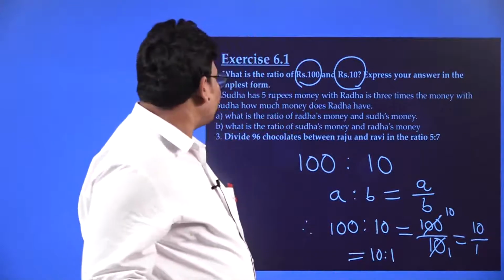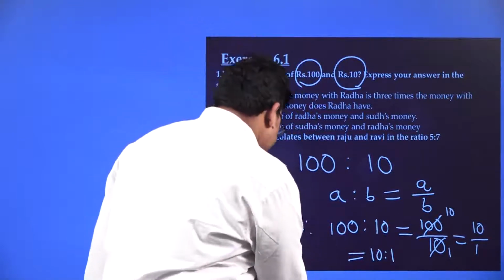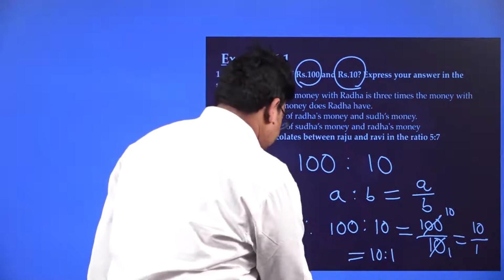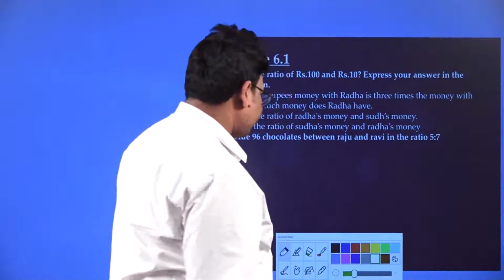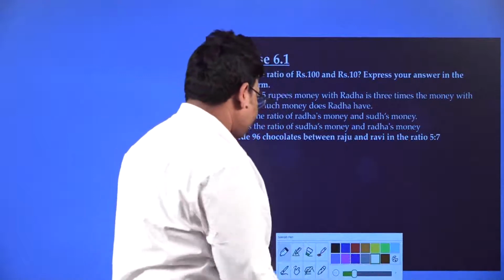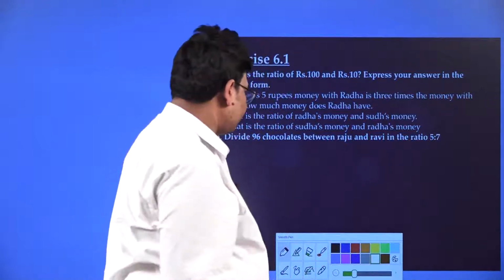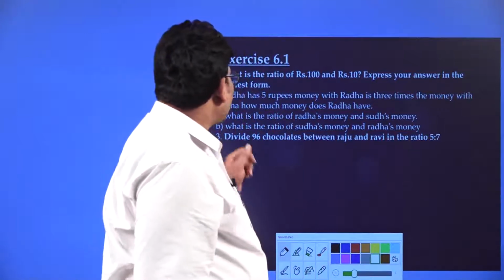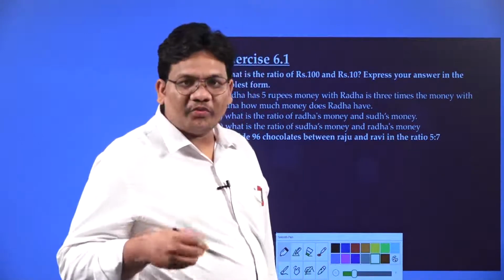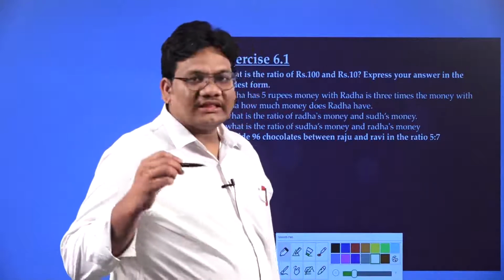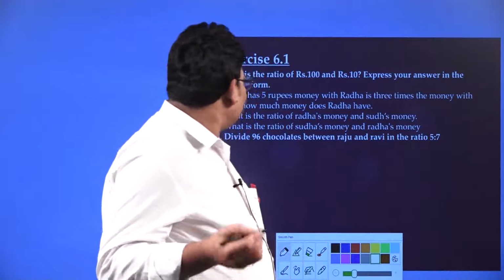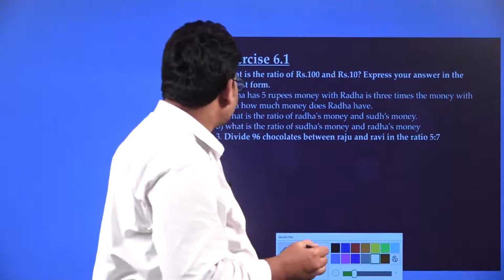In the second example, Sudha has 5 rupees. The money with Radha is 3 times the money with Sudha.